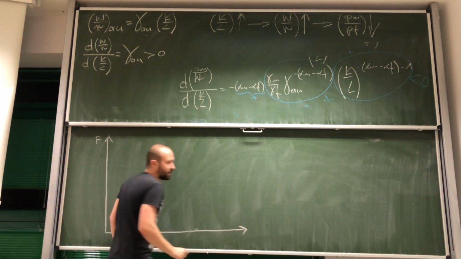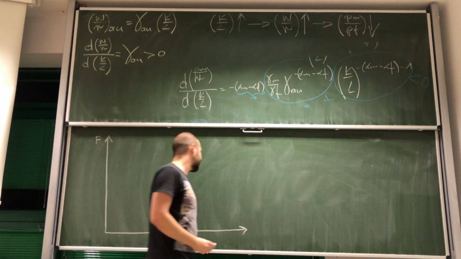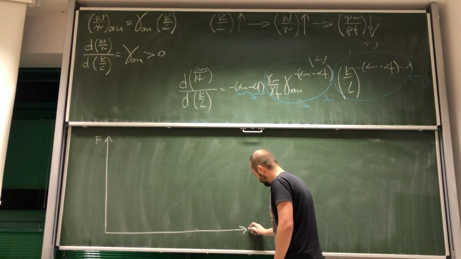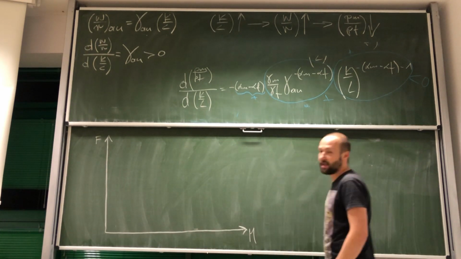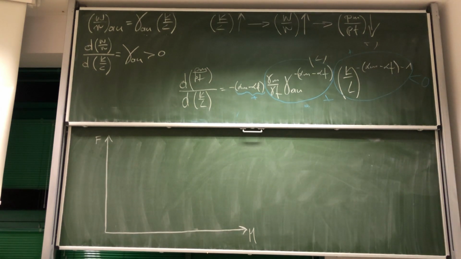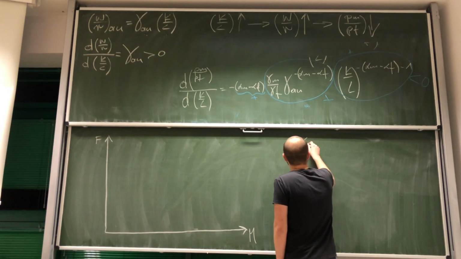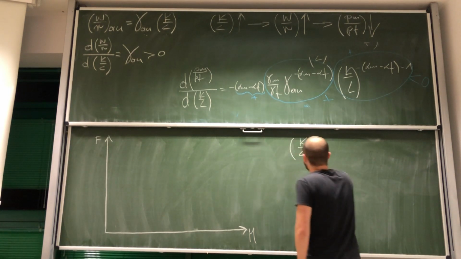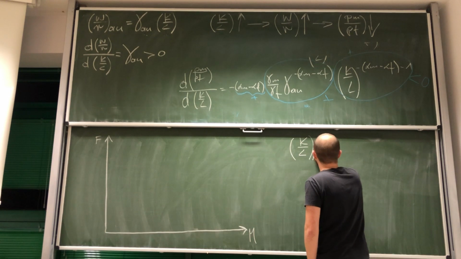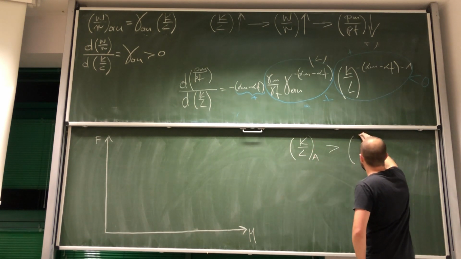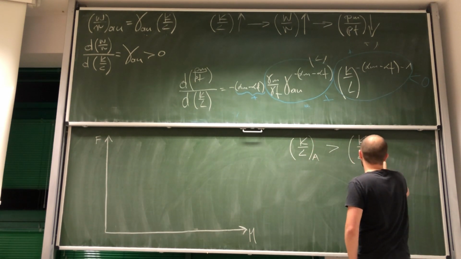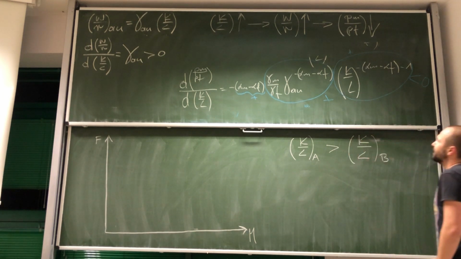Austria is a country that is relatively capital abundant, while the second country, Bolivia, is a country that is relatively labor abundant. Okay, so let's write it like this. We know that capital to labor ratio in Austria is bigger than capital to labor ratio in Bolivia.